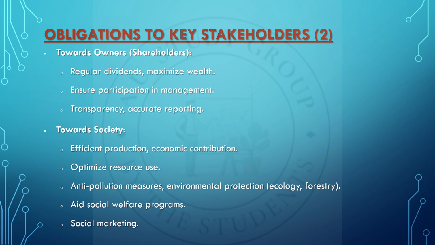They need to control, say, pollution. They have to support community initiatives. They have to run different campaigns like anti-pollution measures or environment protection. Everything here is an obligation of the business towards society.